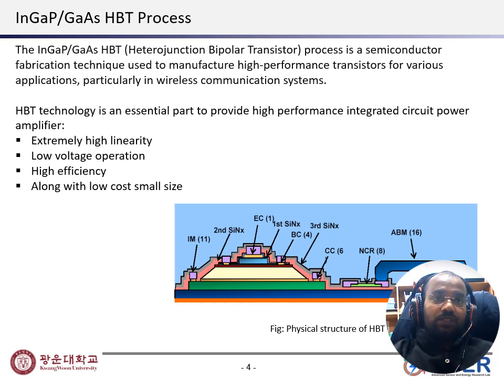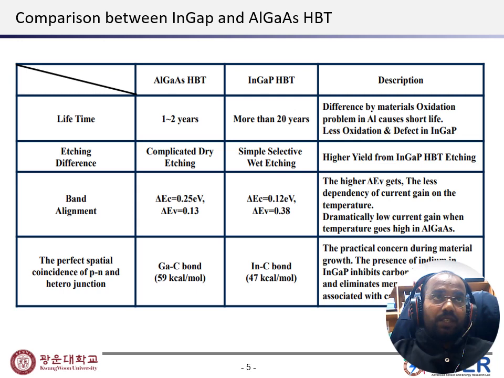This is the physical structure of a heterojunction bipolar transistor. Now we compare aluminum gallium arsenide with indium gallium phosphide HBT. Now we talk about the lifetime.